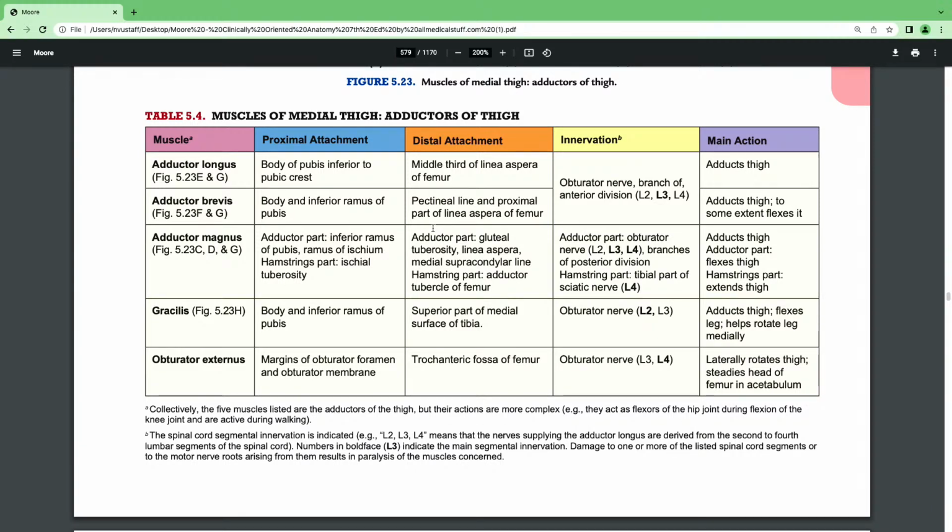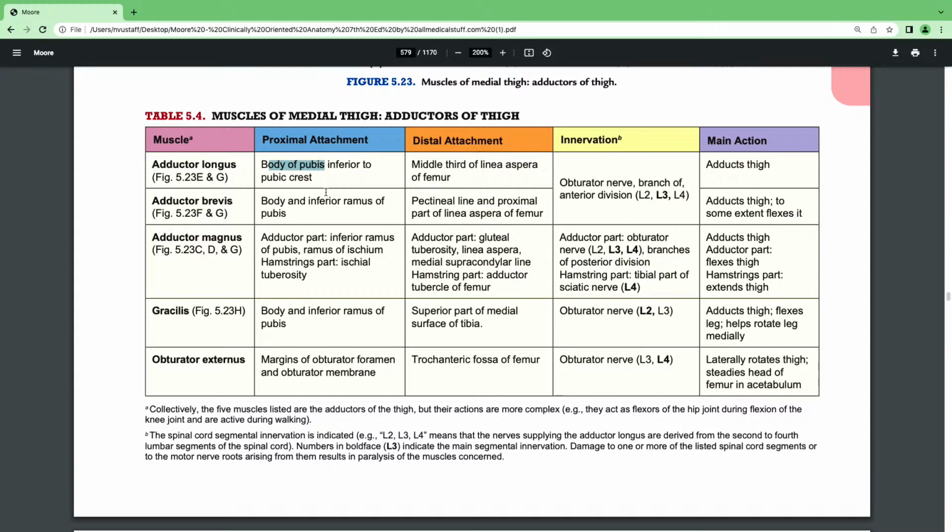So the regions for the attachment, because you can find that starting with adductor longus, which is, I would say, the most medially oriented, then towards brevis and then magnus. In all of the cases, it will be the pubic bone, so part of the pubic region.